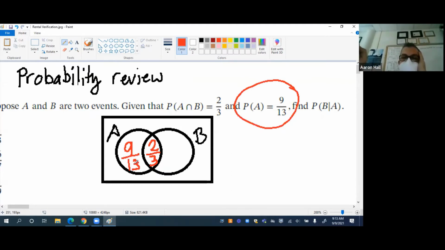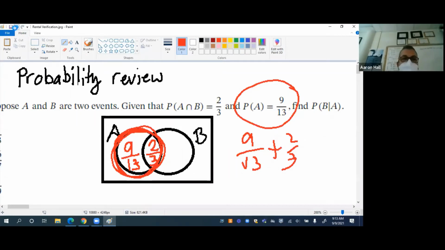Yes, no, maybe so? No, why not? Yeah, all of this has to be 9/13, right? So that doesn't tell me 9/13. That tells me 9/13 plus 2/3. So that can't be right. So let's go backward and change that.